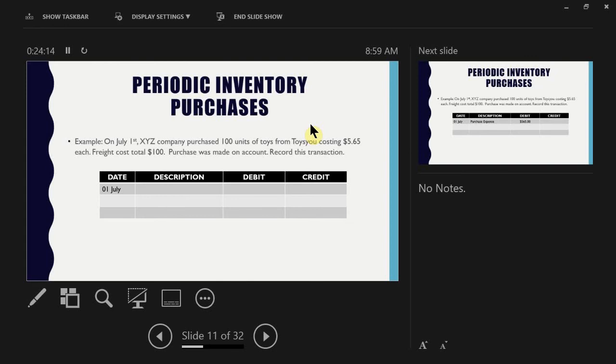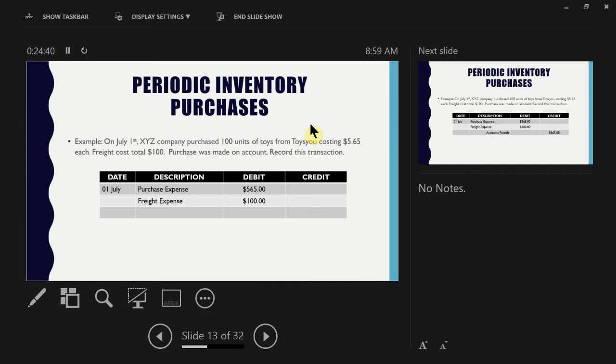Good. So in this case, we recognize we have a purchase expense for the $565, and it's on the debit side because we're increasing our expenses, so we need to debit our account. Another key factor is that freight expense is going to be a separate cost.